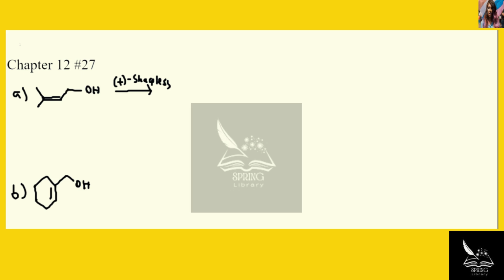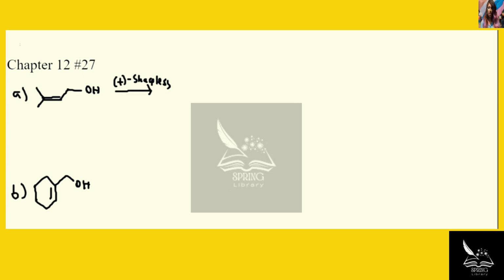If we redraw these this way, it gives us a standard starting point. If we're using the minus DET, we know that the oxygen will come from above. If we're using the plus DET, the oxygen will come from below.